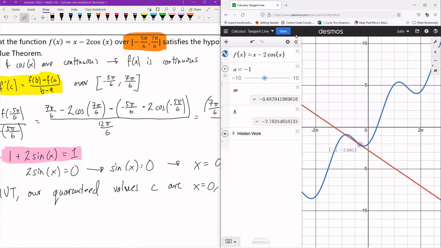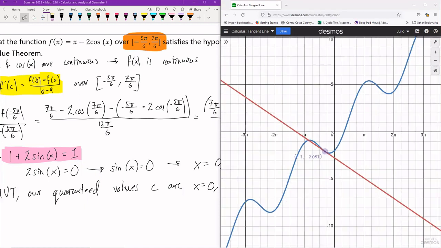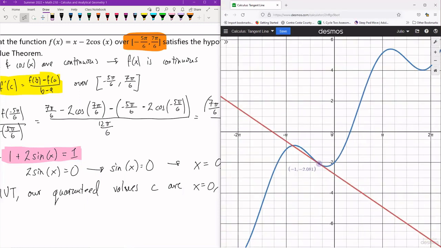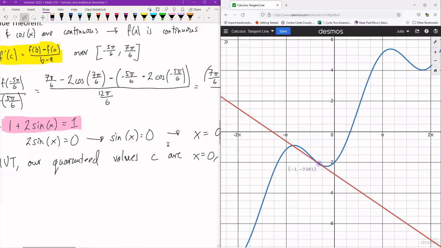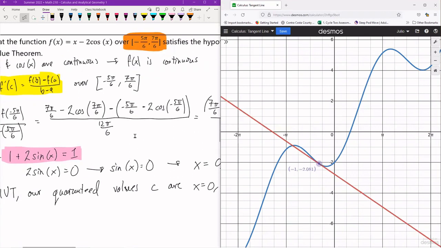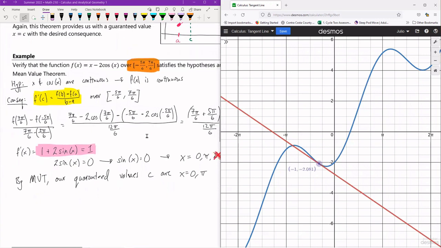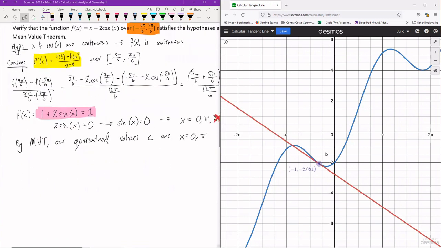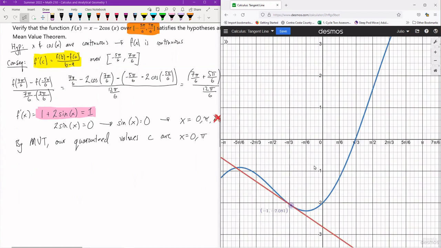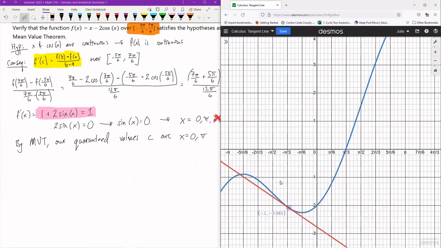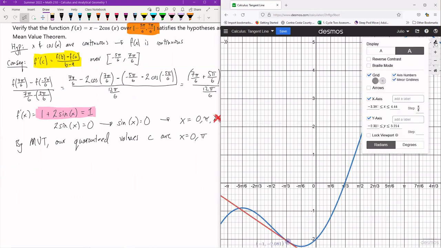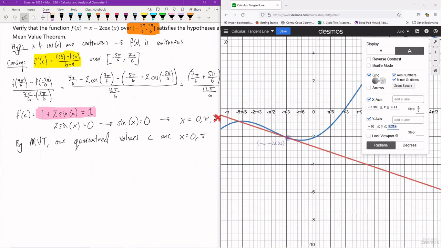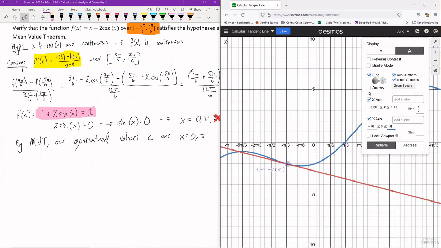So now all the tick marks that are showing up are in pi's. This is saying that the slope between our endpoints, the points about right here, negative pi over 6, and let me squish this a little bit, so let me do negative 10 to 10. This is much easier to do if you're on a tablet.